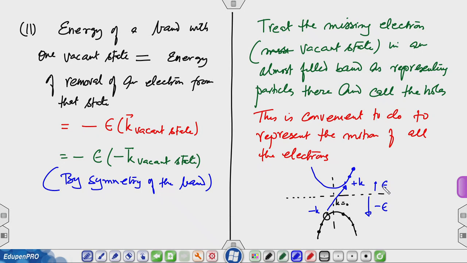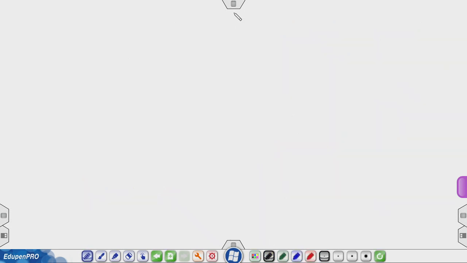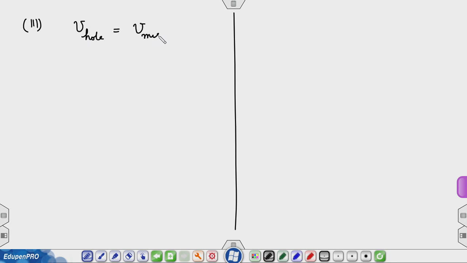What about if you want to establish the equivalence? What about the velocity and the equation of motion? So, let us do that. Point number 3, V of the hole, now that I have introduced that word, is going to be equal to V of the missing electron, or V of the vacant state. How so?